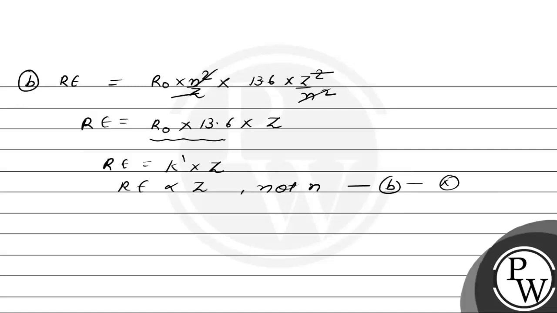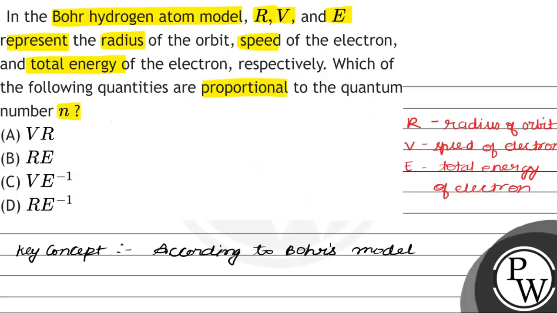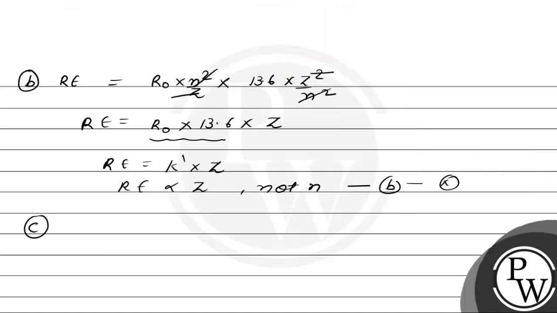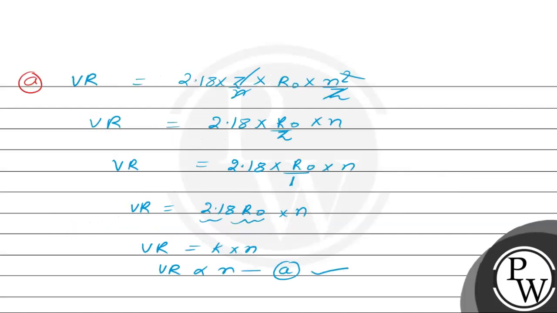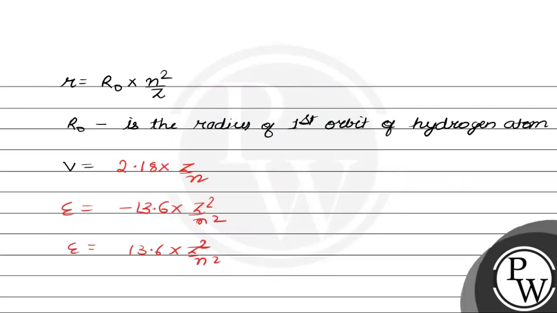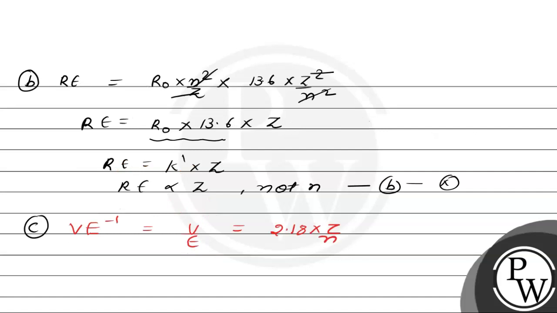Let's check option C. Option C says V into E inverse. That is, we can write velocity upon total energy. The expression of velocity we can write 2.18 into Z upon N, and the expression of total energy is 13.6 into Z square upon N square.